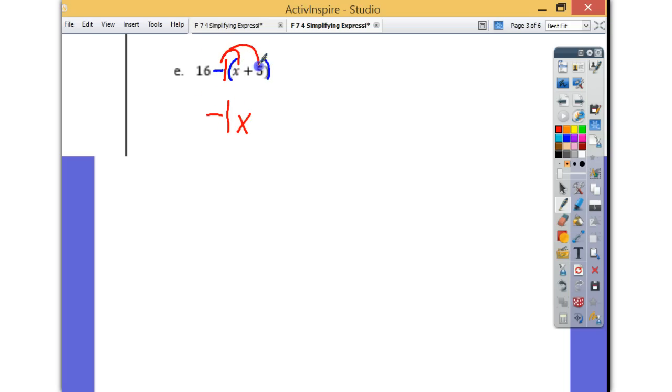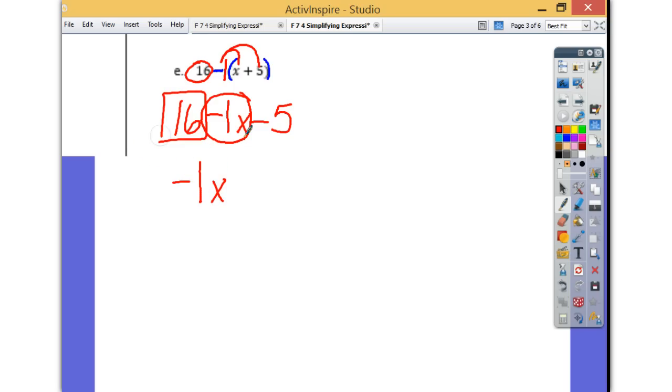Take the negative 1 times the positive 5, you get a negative 5. And then don't forget to bring this term out here down, a positive 16. And simplify from there. I have variable, negative 1x, nothing else to simplify that with, so bring it down, negative 1x. And then 16 and a negative 5 ends up giving me a positive 11. So negative 1x plus 11.